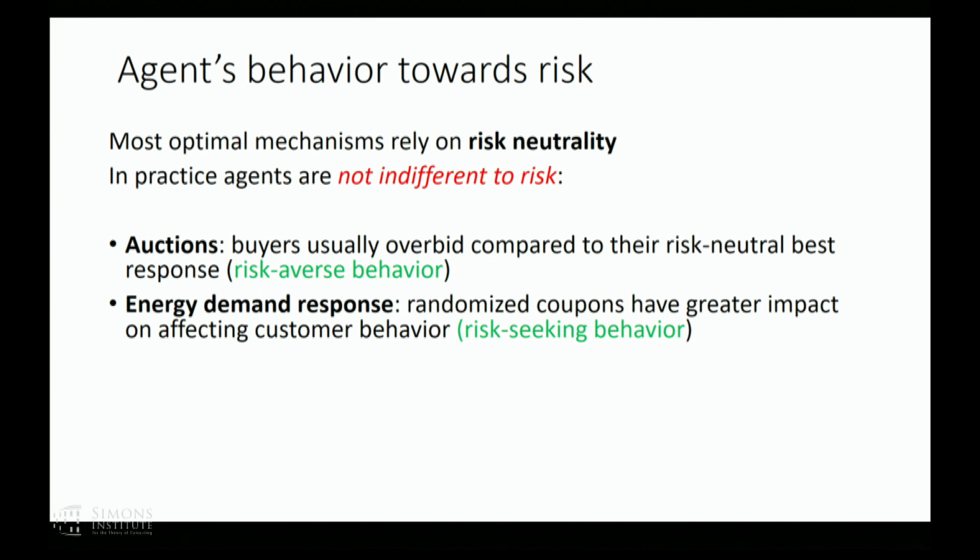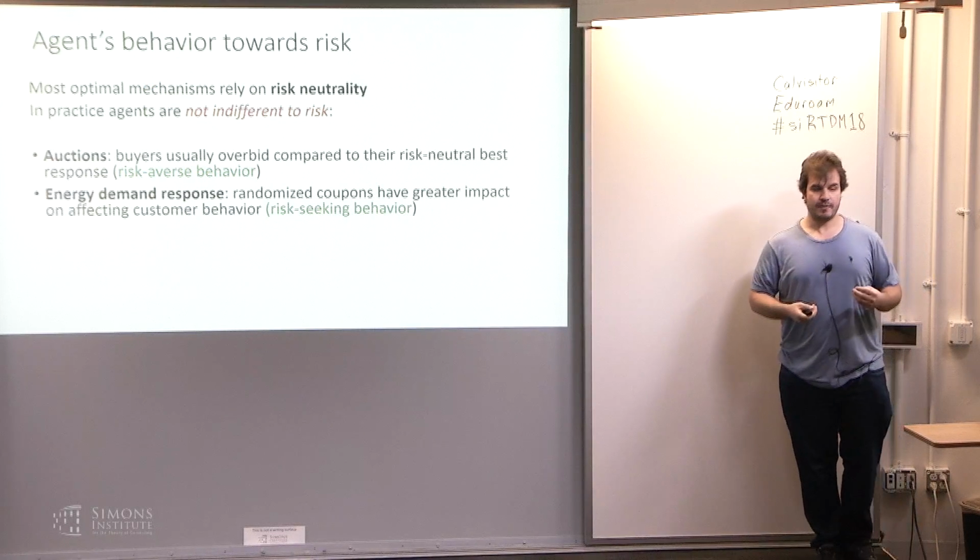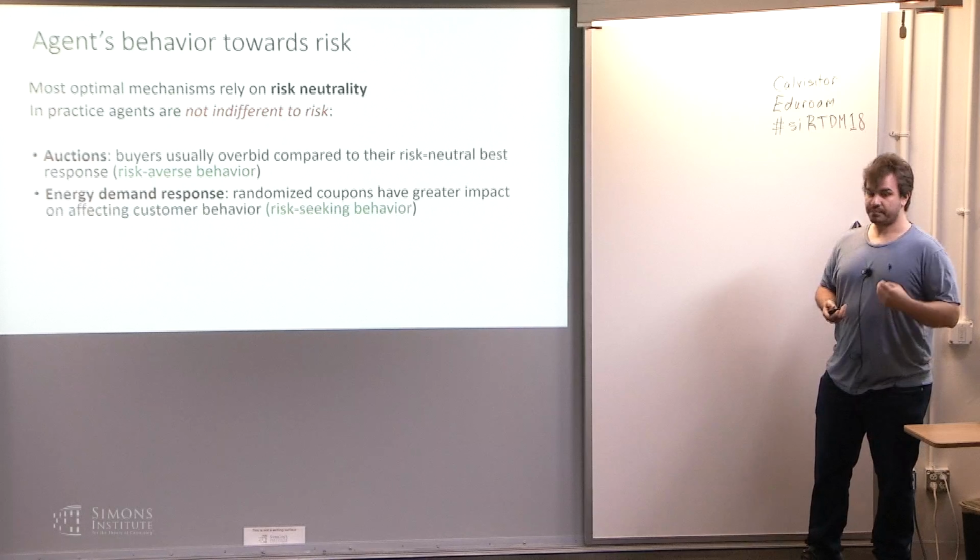In contrast, for energy demand response, in this particular study that I referred to before, using randomized coupons had a greater impact on affecting the consumer behavior. So we see that in this case, we have some sort of risk-seeking behavior, where a randomized reward would elicit a better response.